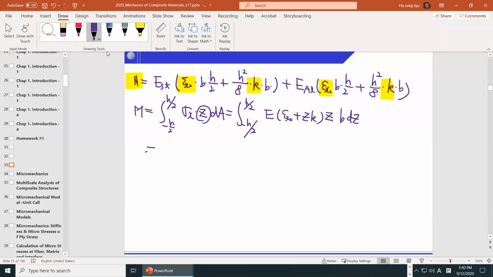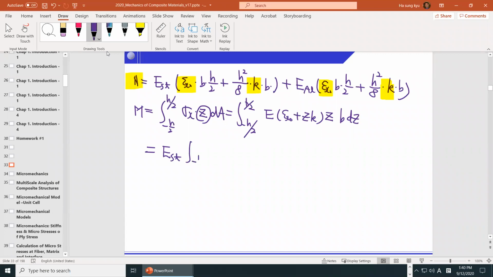So we just integrate them separately, bottom one and top one. E steel, again, and now we have a z here. We should not forget we have a z here.